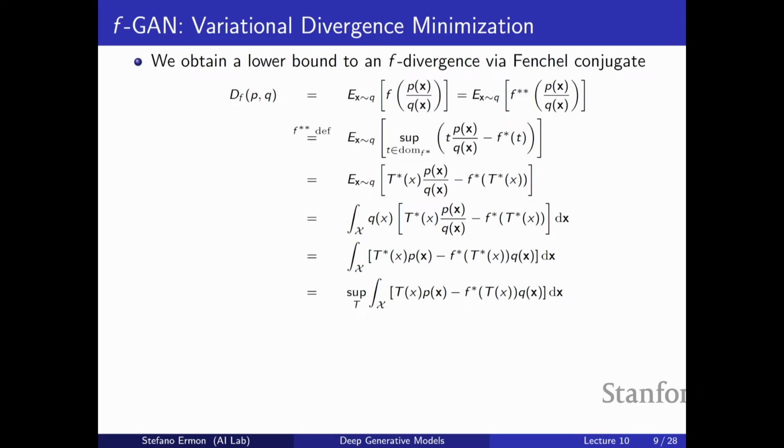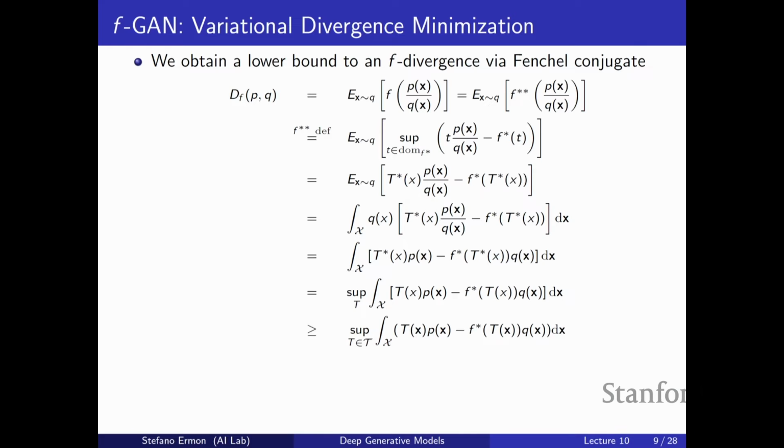This doesn't change anything. For every x, there is an optimal choice of T, which comes from the supremum. Here I'm denoting it T star. Equivalently, you can say there is a function T that takes x as an input and gives you as an output the supremum in that definition of the convex conjugate.